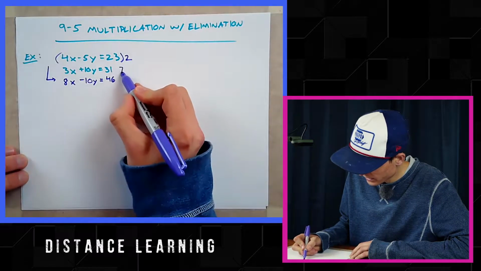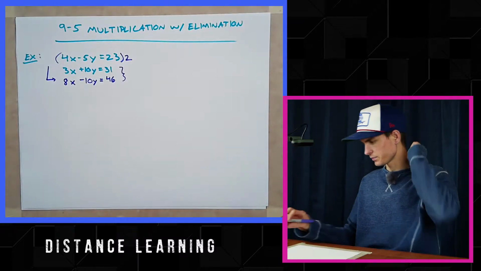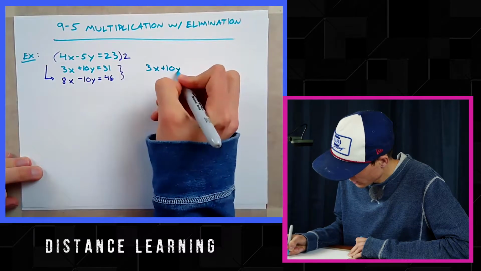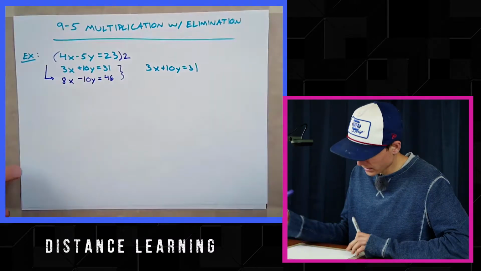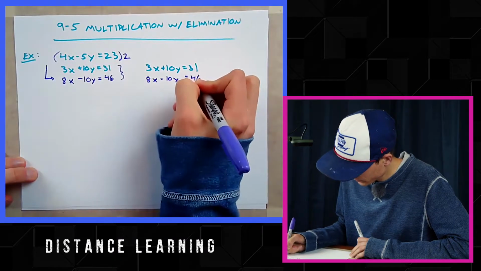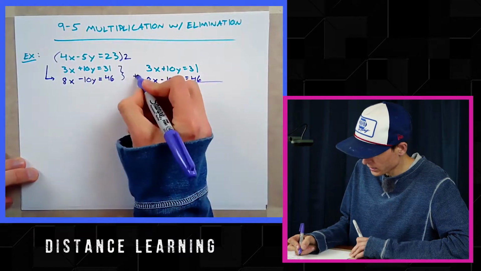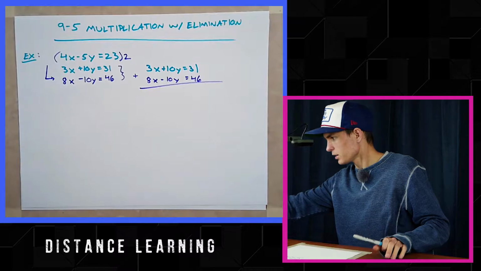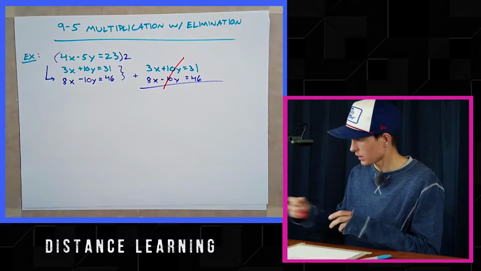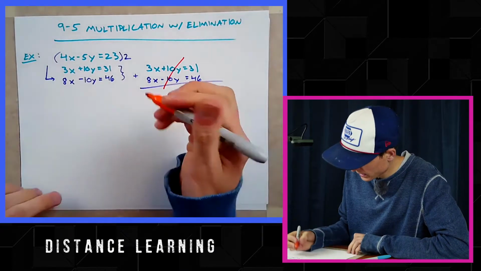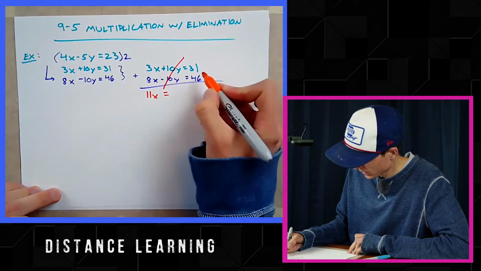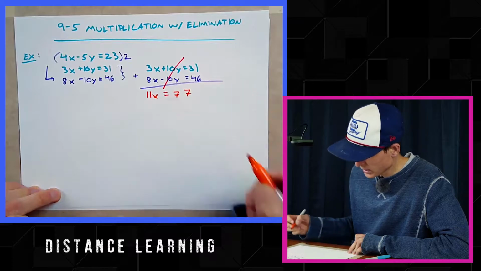Now if I look at these two equations, I'll rewrite them, though you don't necessarily have to. I can add them and the y terms cancel out, which is what I want. If I add these two equations, Shazam, the y disappears. 3x plus 8x is 11x. 31 plus 46, we gotta test my mental math skills, is 77.